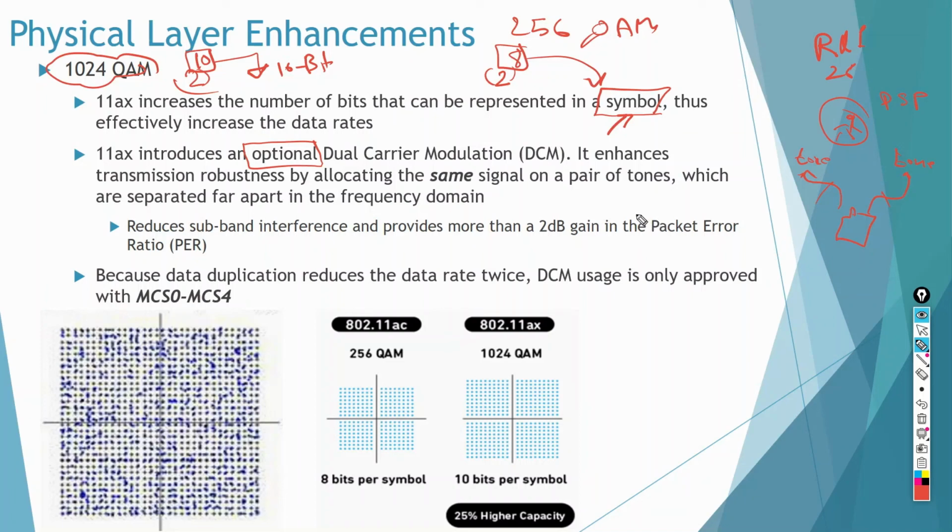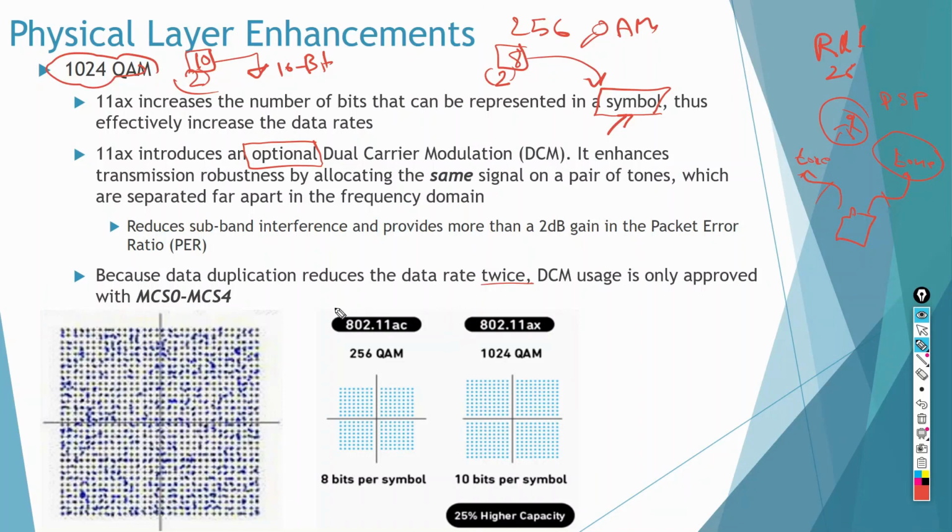Now, this is good because it allows better error recovery, but at the same time, it reduces the data rate by half, because instead of using the other tone to send other data, it will perform duplication. So that reduces the data rate by 2.